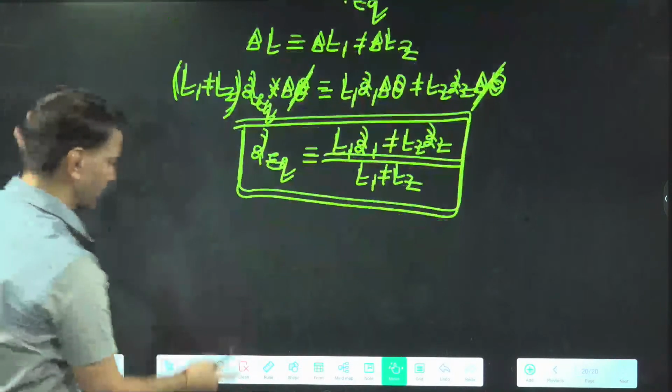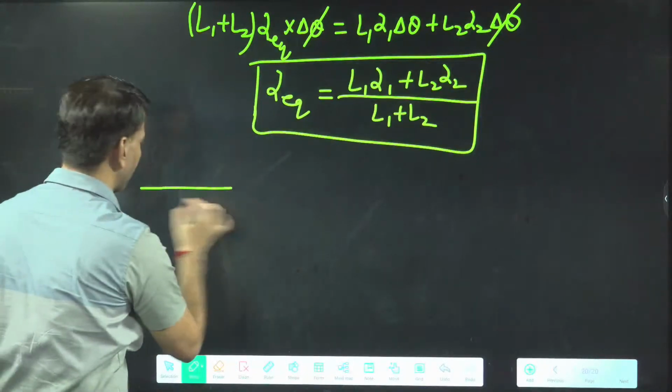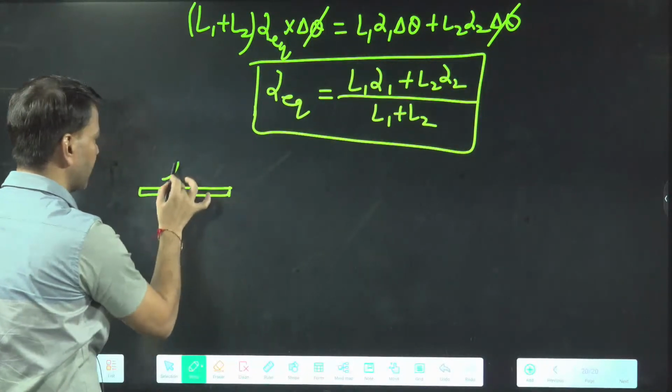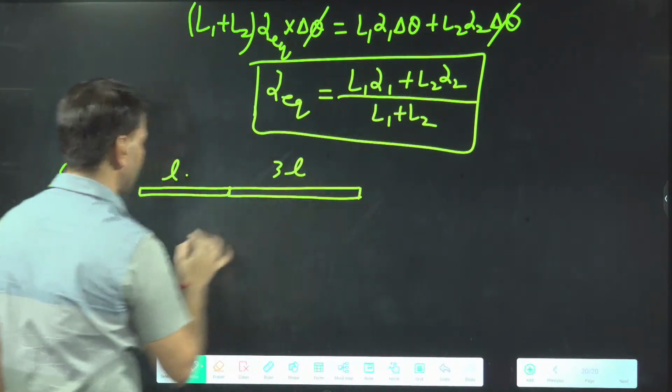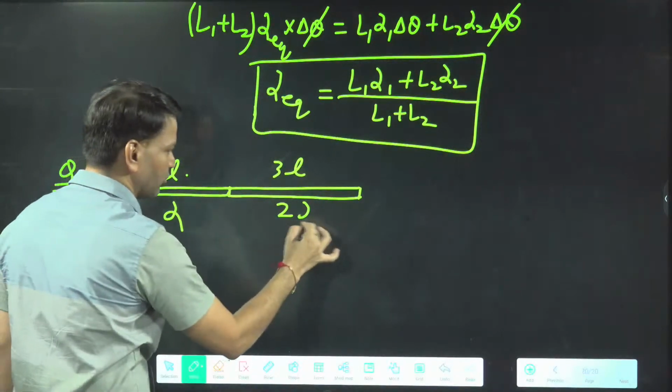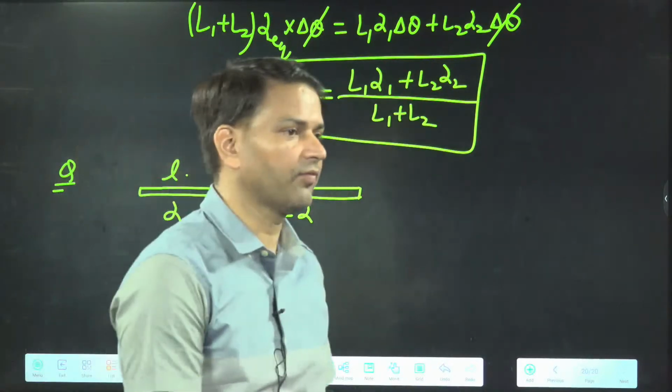So one directly formula based question I'm asking, you will say the answer. Suppose two rods I have, one has the length L, other has the length 3L. Its alpha is alpha, the other is 2 alpha. What is the equivalent alpha? Tell fast.